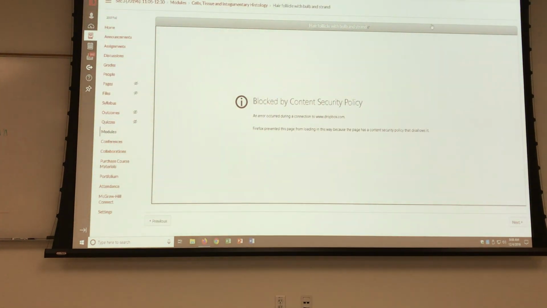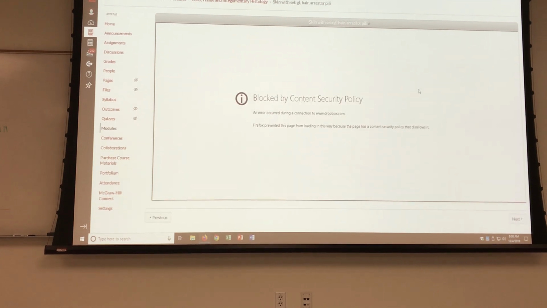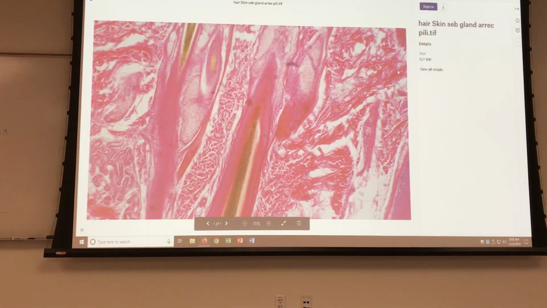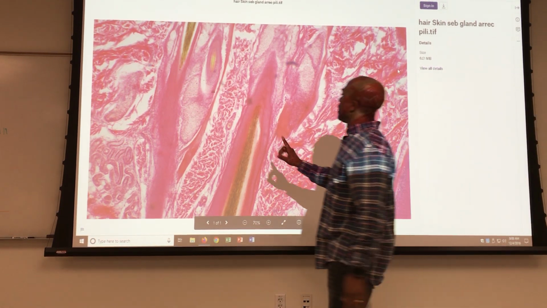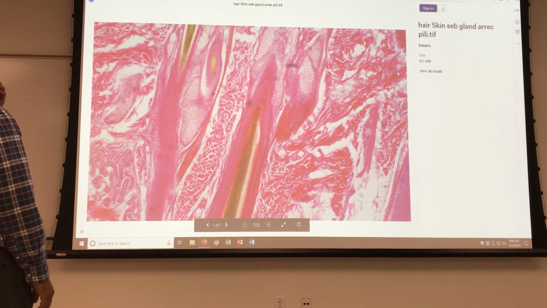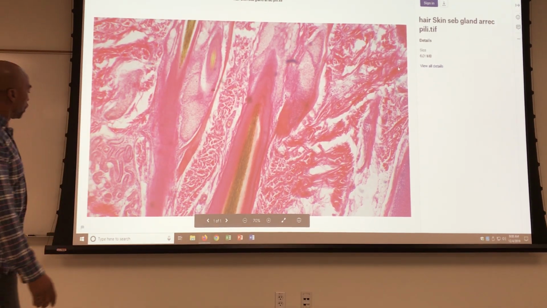All right, one more. Again, we did this one before. This is a good one. Here's a hair strand, yellow. Here are your sebaceous glands. These are sweat glands.